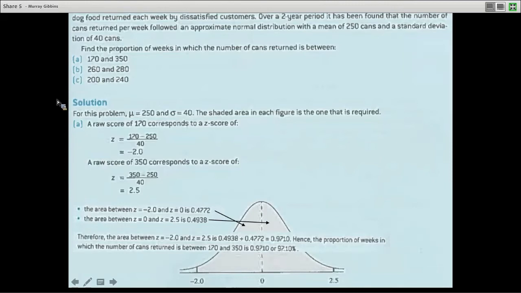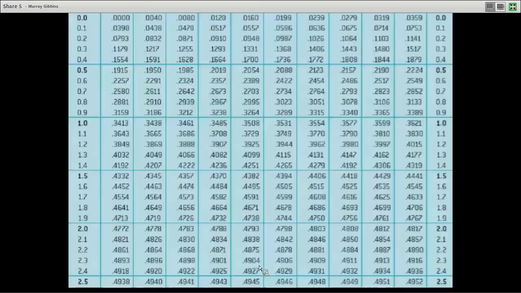So we'll do each part separately. The first thing I always do is draw a graph. These guys like to put the mean, zero deviations from the mean here. I like to actually write the mean in. I like to put the mean here of 250, and, my mouse is playing up, bear with me. I've got water on my finger.